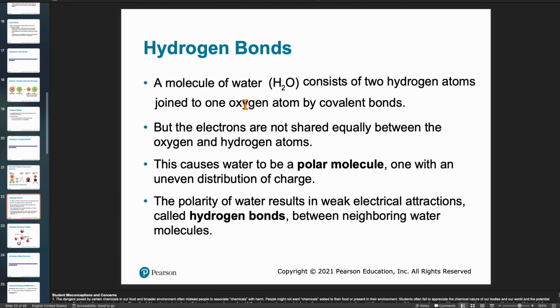Okay, the next slide is hydrogen bonds. This is the one that goes with water. It is a covalent bond that you see here within water. Water is very polar, and we'll see that in a second on the next slide. One side tends to be positive, one side tends to be negative.